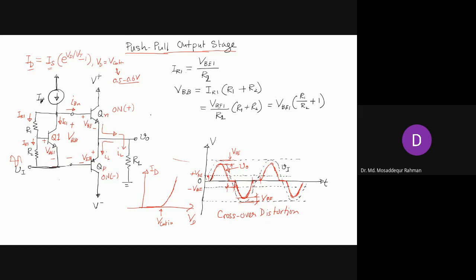So basically this circuit is producing a voltage that is proportional to the base emitter voltage VBE. It is multiplying VBE by a factor of 1 plus R1 by R2. So this circuit is also known as the VBE multiplier.